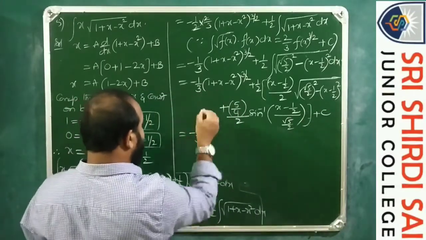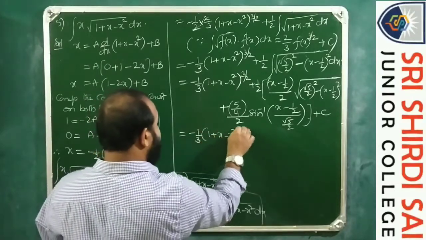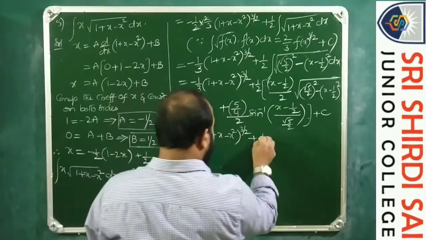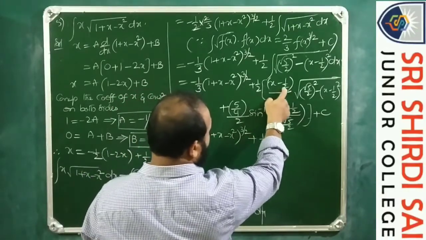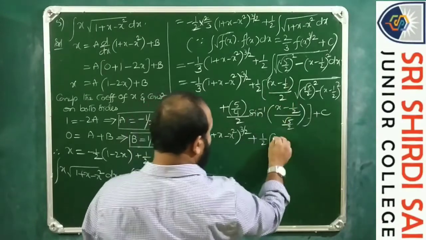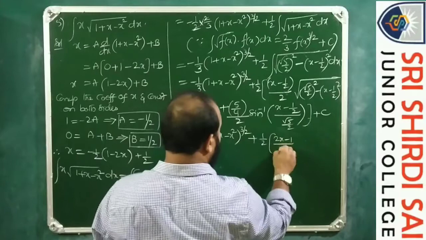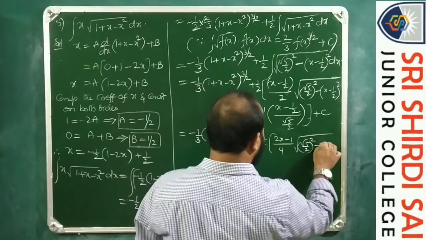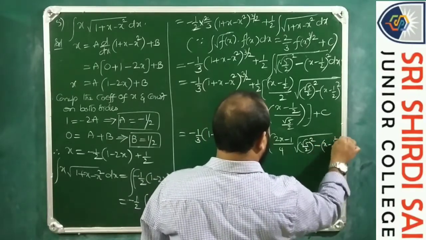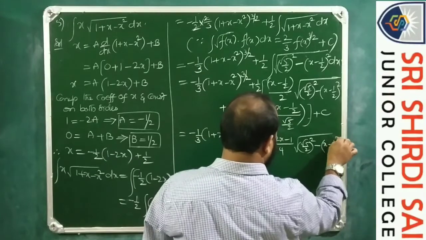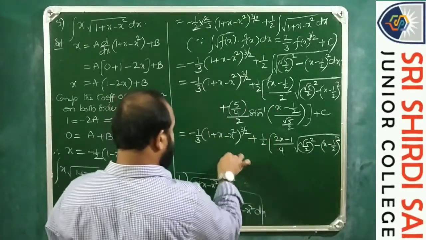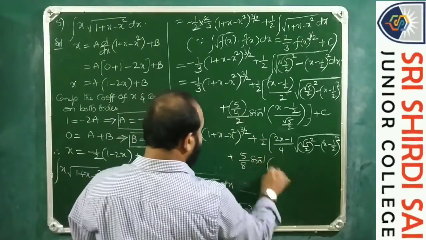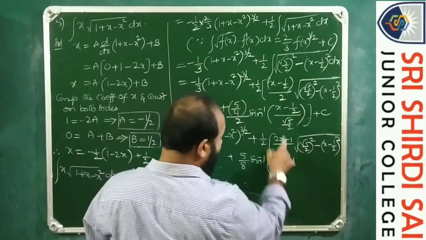So this is minus 1 by 3, 1 plus x minus x square whole power 3 by 2, plus this is 1 by 2 into, with 2 as LCM, 2x minus 1 by 2 by 2. So 2x minus 1 by 2, 2 twos are 4, into square root of root 5 by 2 whole square minus x minus 1 by 2 whole square, plus 5 by 4, 2 fours are 8, sine inverse 2x minus 1 by 2 by root 5 by 2.